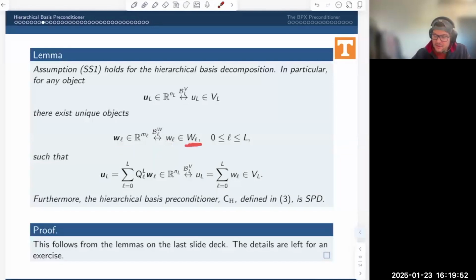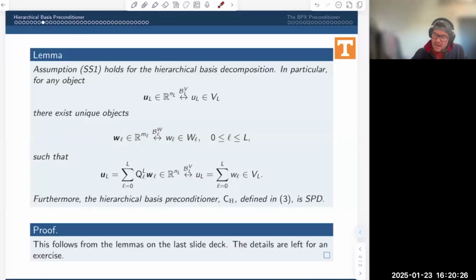Remember, these spaces are like V_l, except that I remove the degrees of freedom associated to nodes that are in the coarse mesh. So W_l is V_l with some degrees of freedom removed, specifically those associated to V_{l-1}. We had a basis for that. So there are these unique objects such that u_L is equal to the sum of the w_l.